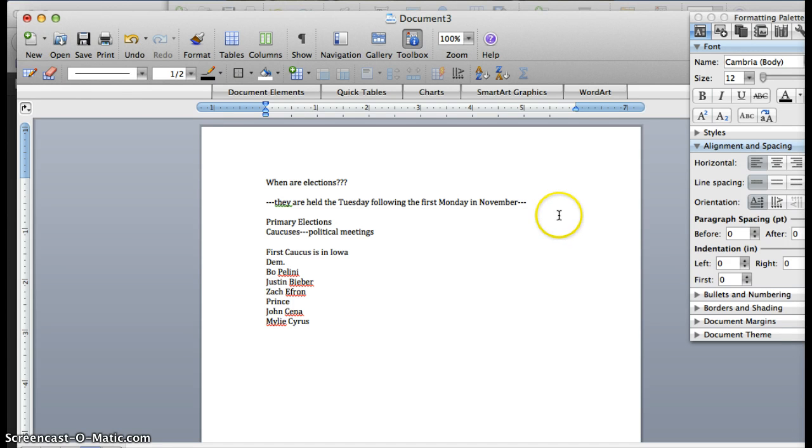Okay, so what's going to happen is in Iowa, let's say that Bo Pelini gets 26% of the vote. And Justin Bieber gets minus 4%. I don't know if that's possible to get a minus, but it's Justin Bieber, so anything's possible. Zac Efron is going to get 32% of the vote.